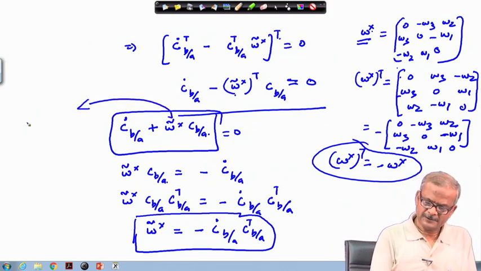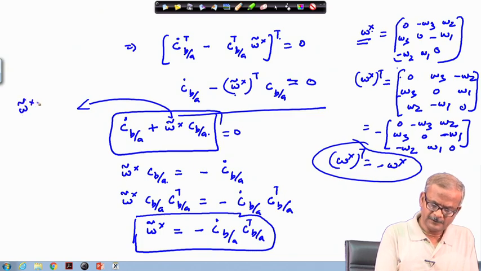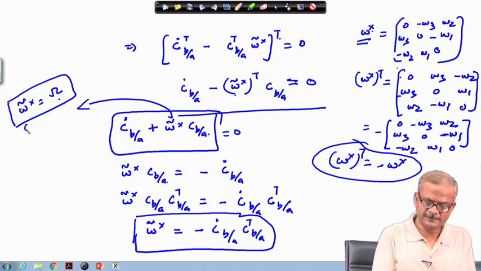If you remember, this quantity we have often written as omega tilde cross equal to capital omega. Okay, this is basically the skew symmetric matrix.